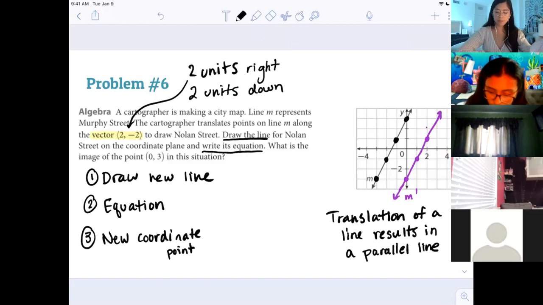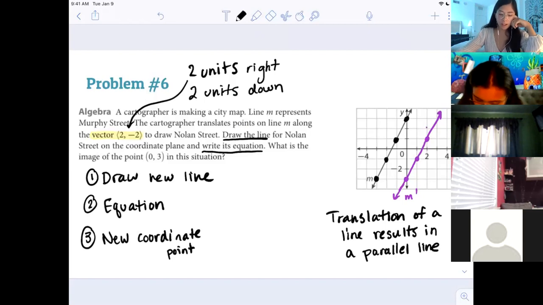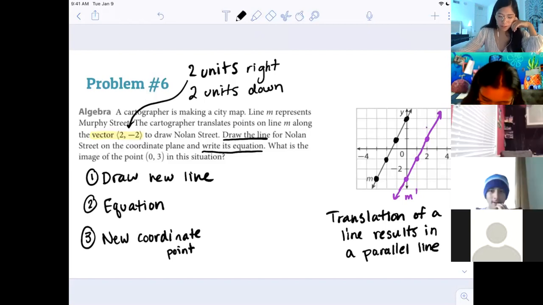Translation of a line results in a parallel line. And the reason for that is because you're moving the line around, but are you changing the direction? No. Are you changing the way that it's pointing? No, exactly. So it's just the same line over a little bit, and that's why they're parallel.